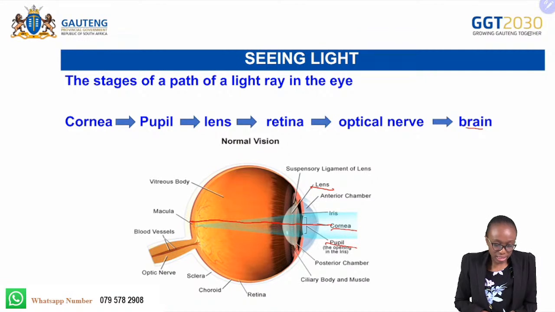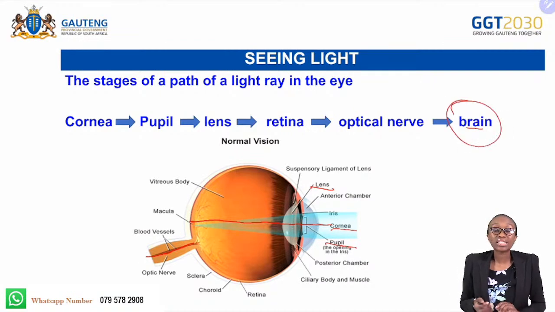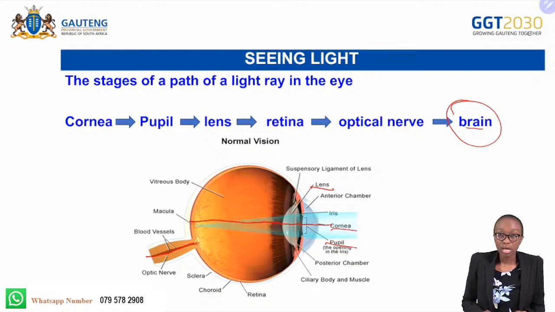That impulse is then carried by the optic nerve, and then from the optic nerve, it reaches the brain. Then the brain interprets what you are seeing. So what we actually see is light and not objects.